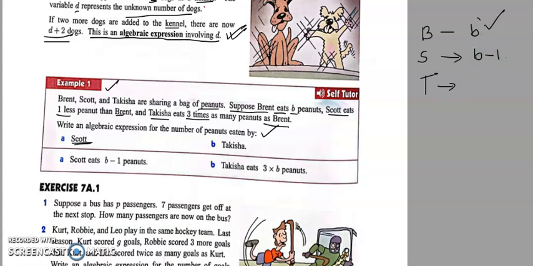And Takisha eats 3 times as many peanuts as Brent. So this is B number of peanuts eaten by Brent, so Takisha will eat 3 times B. As you can see here, Scott eats B minus 1 peanuts. Takisha eats 3 times B peanuts.